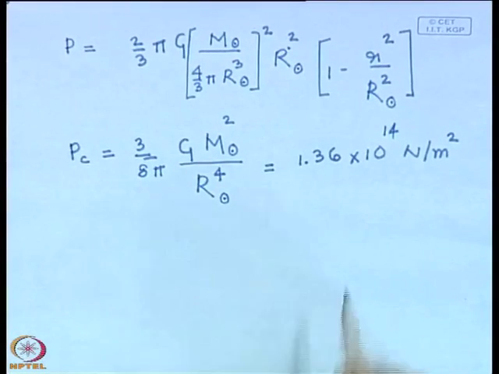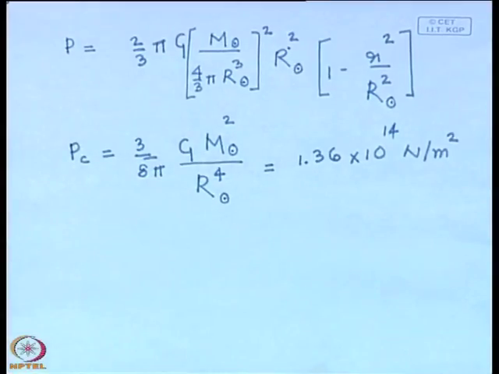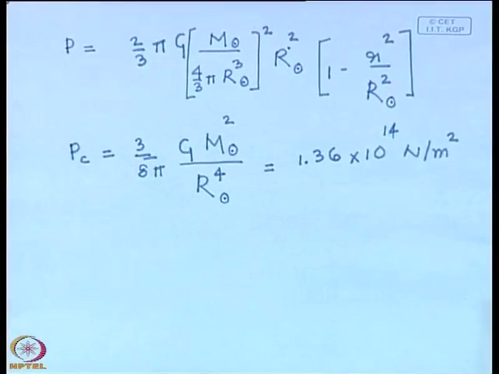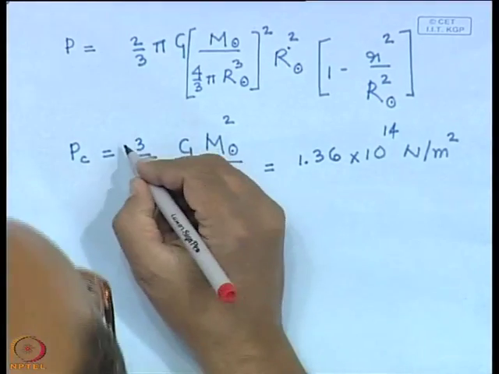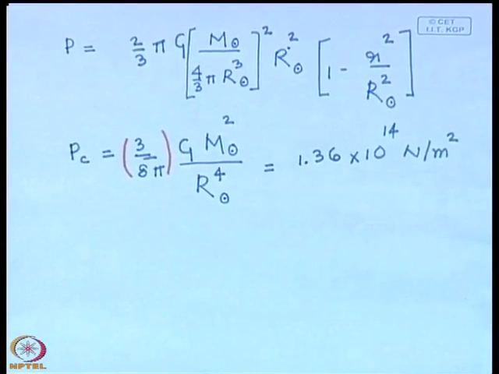Okay. So, this is an estimate of the pressure at the center of the sun. Now, I should point out that in this expression we have made some drastic assumptions, and these drastic assumptions give us this result. This numerical factor depends crucially on the assumptions that you make. If you had assumed some density profile, then this numerical factor would have been different.